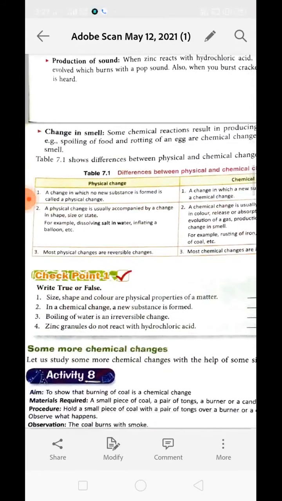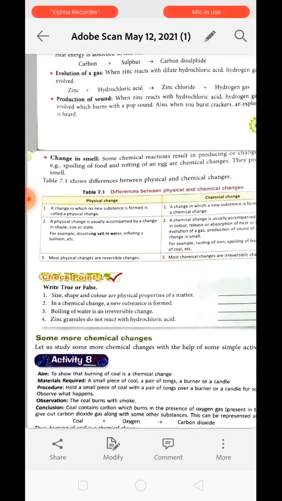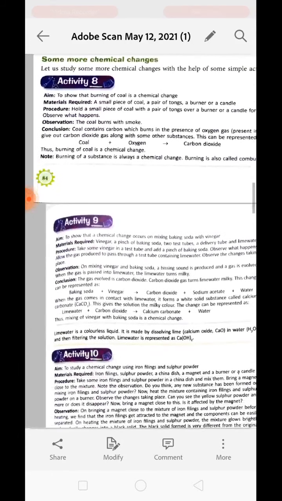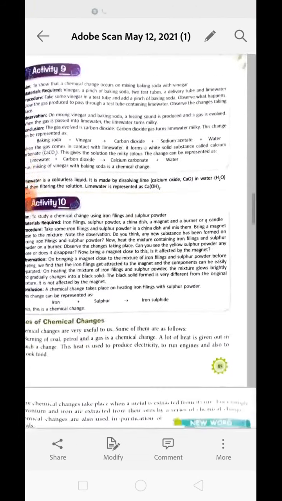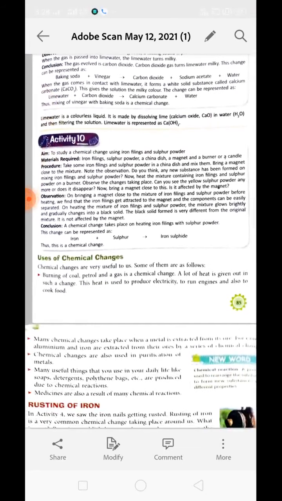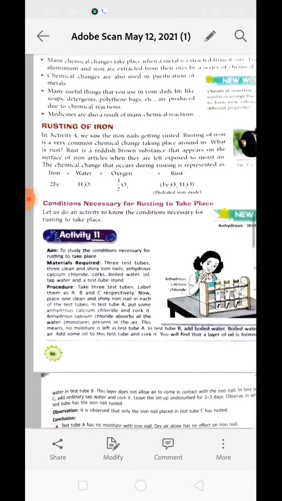We have also seen the differentiation between physical and chemical change with other examples, like what happened when vinegar is mixed with baking soda, and what happened when iron and sulfur are kept together without heating and after heating. Now, next is rusting.